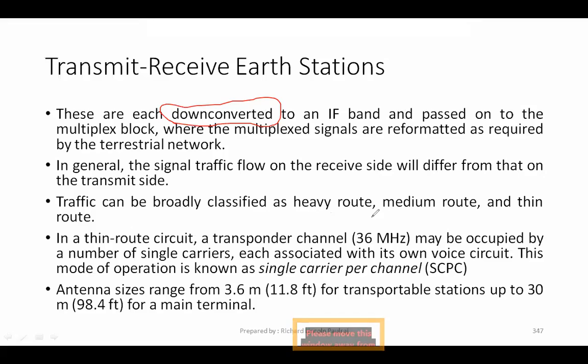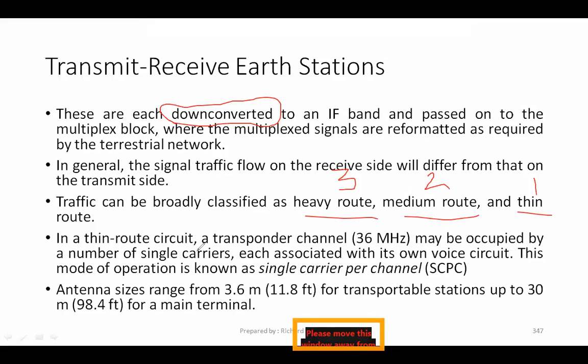So these are the three divisions: medium, heavy, and thin. If I would rate them in terms of numbers, then thin would be 1, medium would be 2, and heavy would be 3. Okay. So based on the density of the traffic, these are classified into three categories.